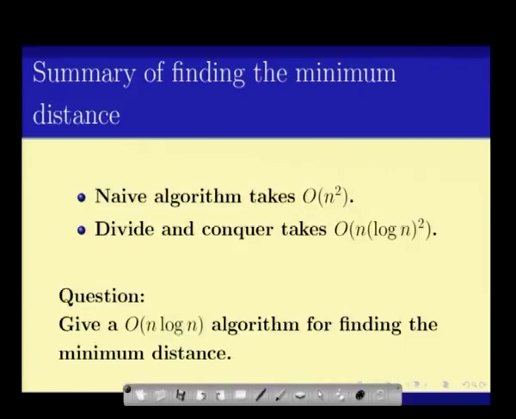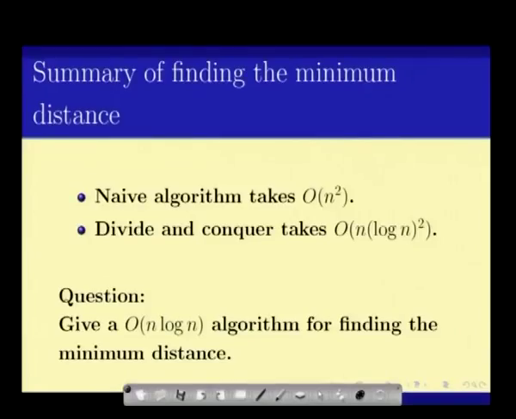The answer is yes, one can improve, and I will leave it for you to think about it. In the next lecture, we will be talking about a very similar problem, and we will see how to use a slightly more tricky approach to improve the runtime from order n log square n to n log n.